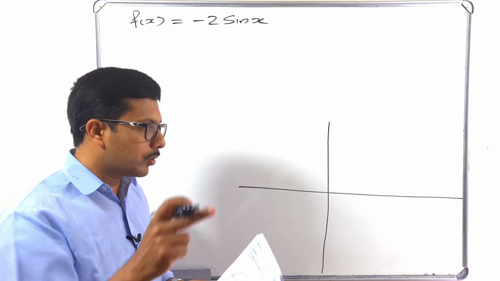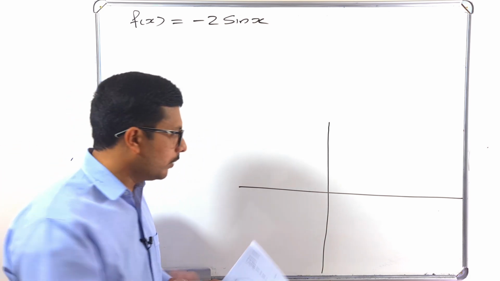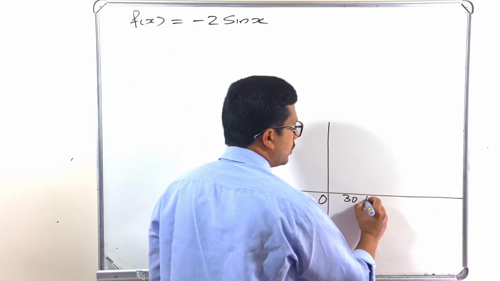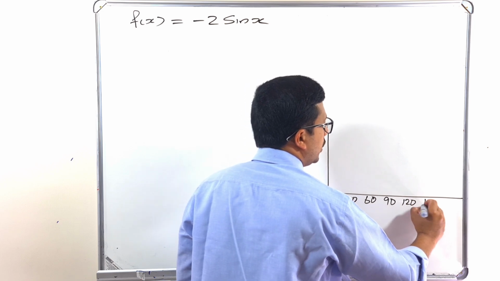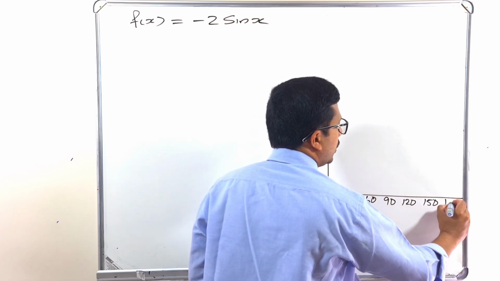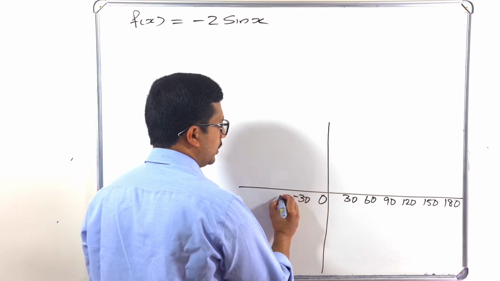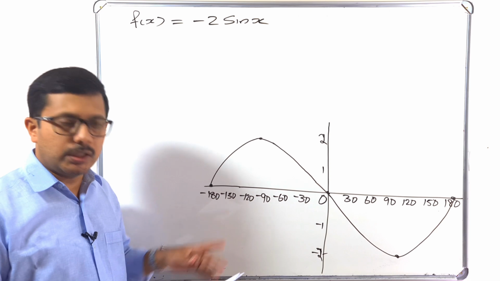So you have to take an interval of 30, 60, 90 like that. So here 0, 30, 60, 90, 120, 150 and 180. Similarly here minus 30. This is the diagram given in the question paper.